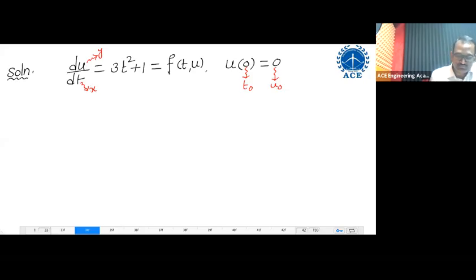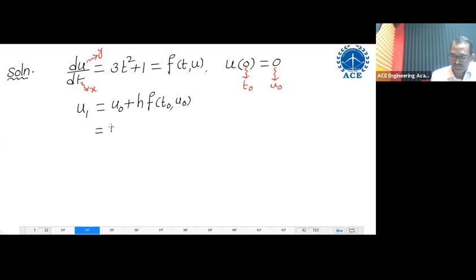y1 is equal to y naught plus h into f of x naught comma y naught. Here y means u, x naught means t naught, and y naught means u naught.